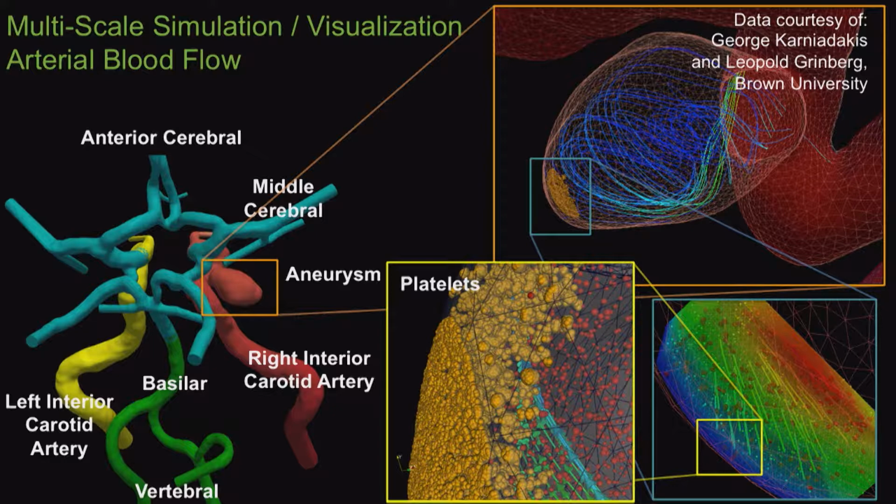At that scale, there's not enough compute power to do that level of detail in the particle dynamics in the entire system. So it was important to be able to couple these two different scales together so the two codes talk to each other. And then in turn, it was important to be able to visualize the results of those two very drastically different scale simulations together.